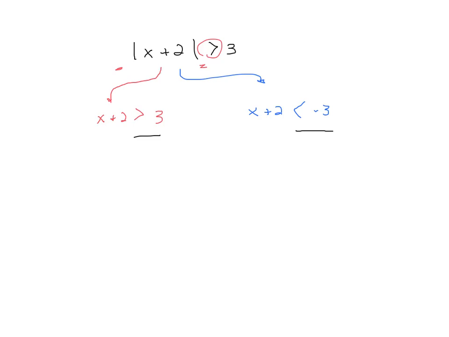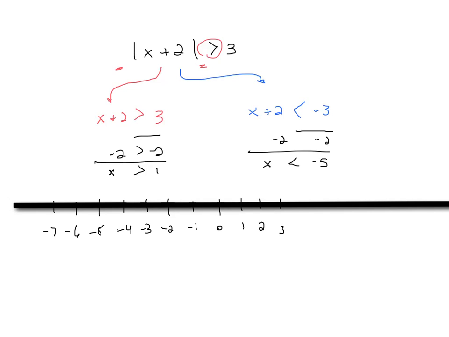We'll solve each of these separately. We get x is greater than 1. We'll solve this one. We get x is less than -5. We're now going to graph this. When we graph this, we're going to graph all the possible solutions, right? So we have all the numbers that are greater than 1.